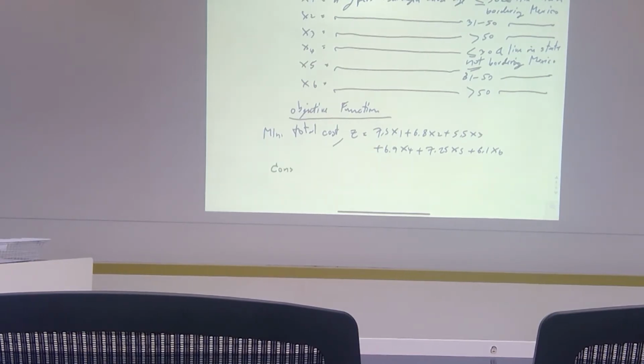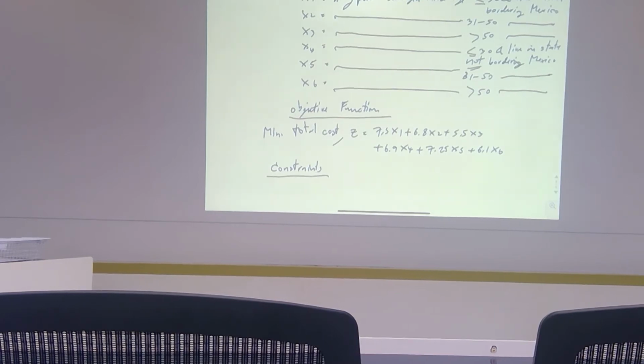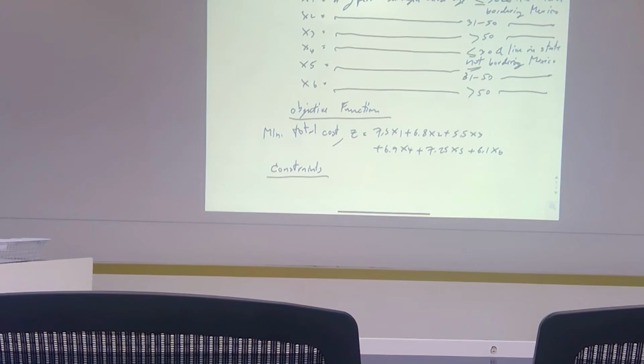So how about the constraints? Firstly, survey at least 2,300 US households in total. So it means that total persons surveyed need to be more than or equal to 2,300.